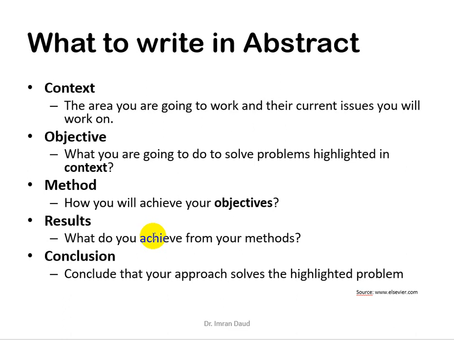For example, you're increasing the performance using the NLP-based technique, or your method is more robust. Such novelty factors make your work new. So in the results, you will be highlighting those factors, that we have achieved these objectives through our methods. At the end, you conclude that your approach solved the highlighted problem in general.